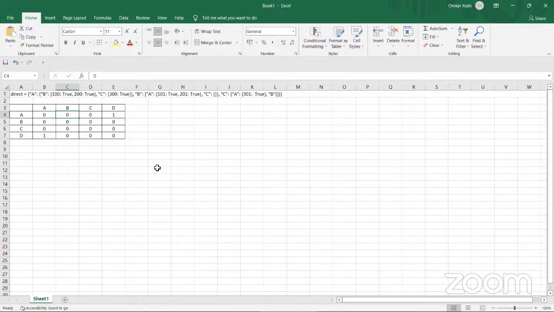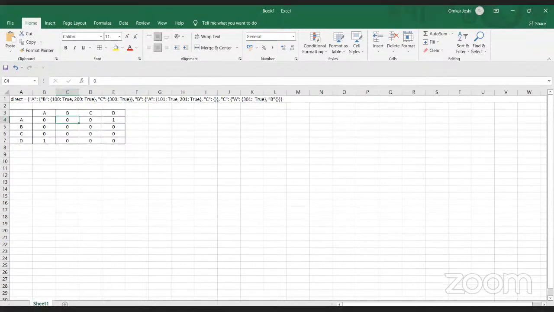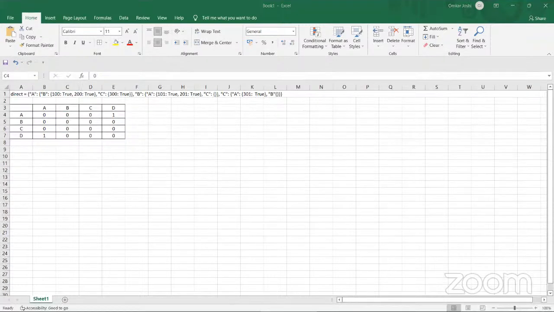It's an intermediate station, which we are not considering as per the direct matrix. That's why I'm saying we are considering only the starting and ending point of a particular train.